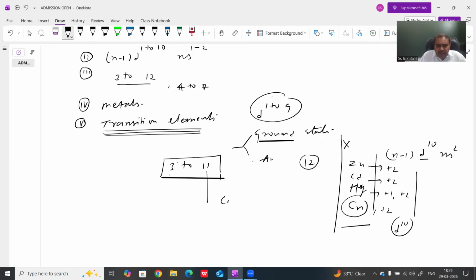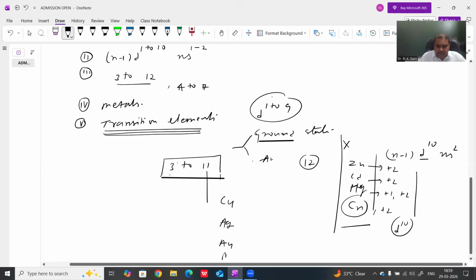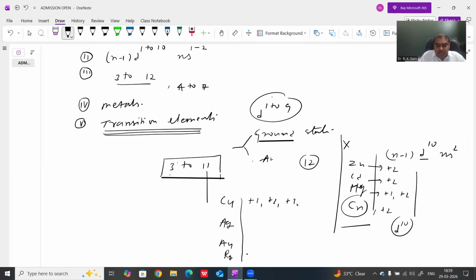Group number 11 elements are known as coinage metals, for example, copper, silver, gold and another element, roentgenium, because their oxidation states vary from +1, +2 or higher, +3 and +4.